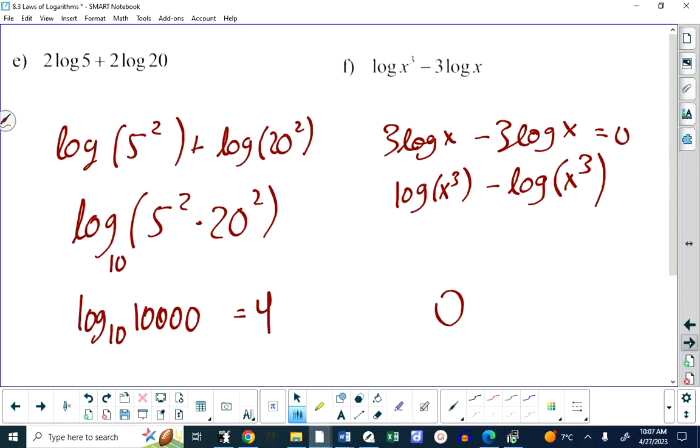How many of you went so far as to say this is log of x cubed over x cubed? Probably nobody. But it is, isn't it? And x cubed over x cubed is 1. And log base 10 of 1 is the number to which you raise 10 to get 1, 0. It's all self-consistent. No matter which path you take, you're going to end up at your destination, as long as you follow the rules.